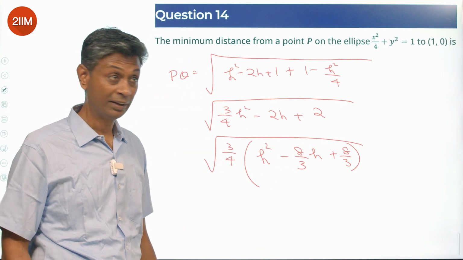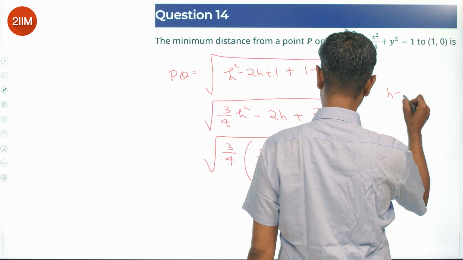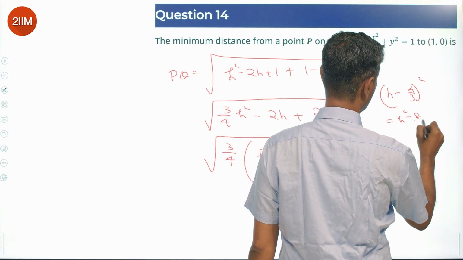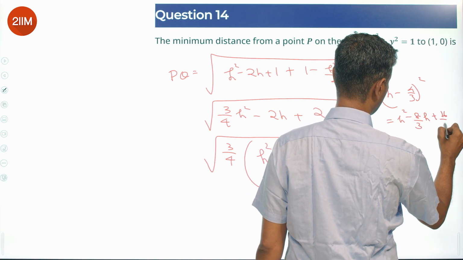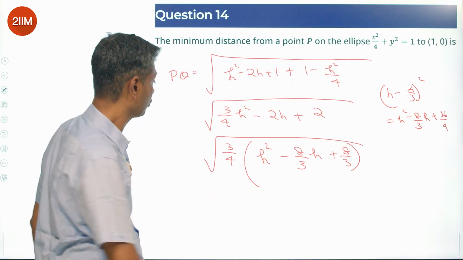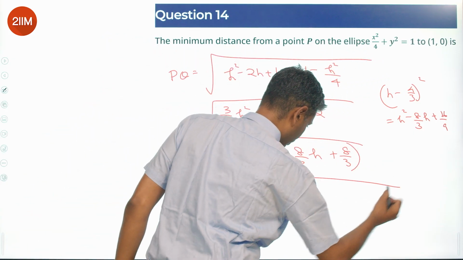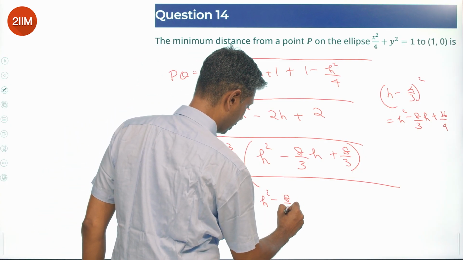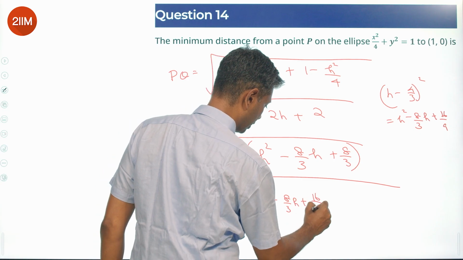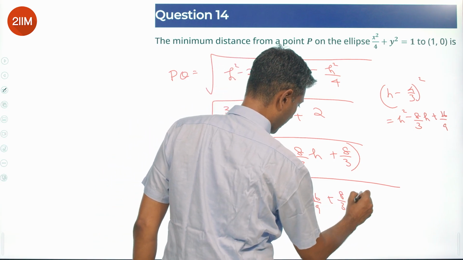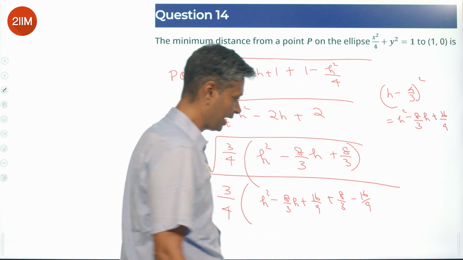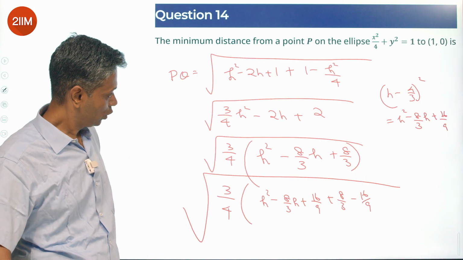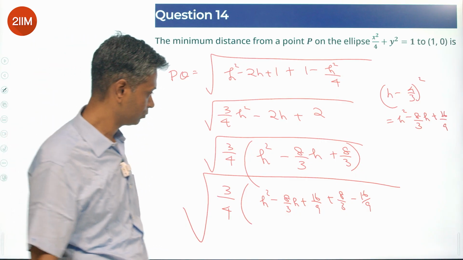It is h minus 4 by 3 the whole square. It's h square minus 8 by 3 h plus 16 by 9. So I'm going to write this as square root of 3 by 4 times h square minus 8 by 3 h plus 16 by 9 plus 8 by 3 minus 16 by 9. 8 by 3 minus 16 by 9 is 24 by 9 minus 16 by 9, which is 8 by 9, which is nice.